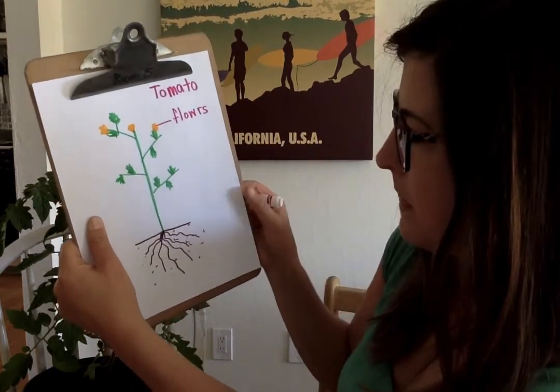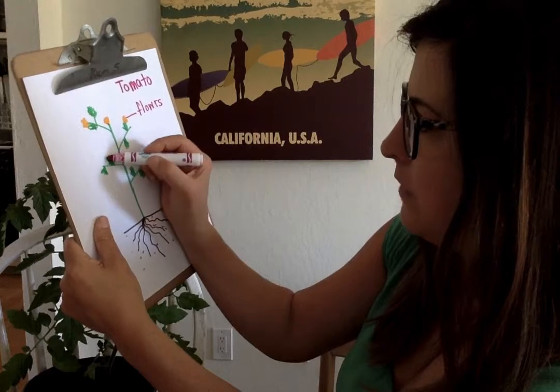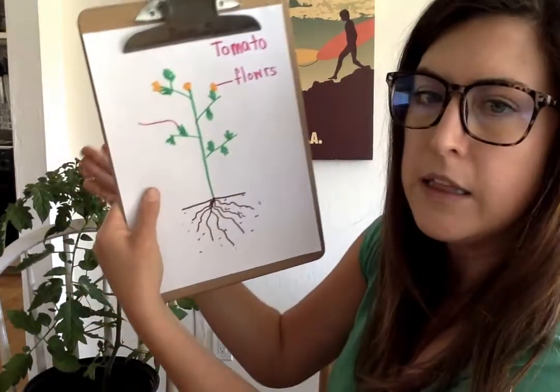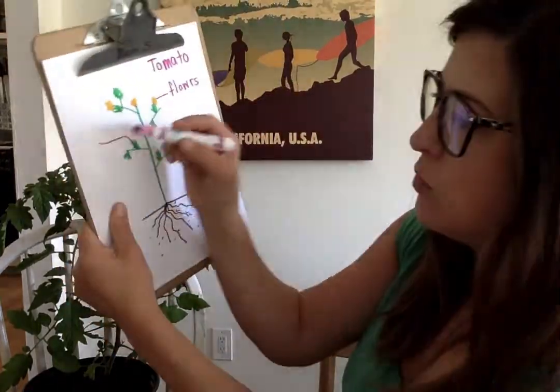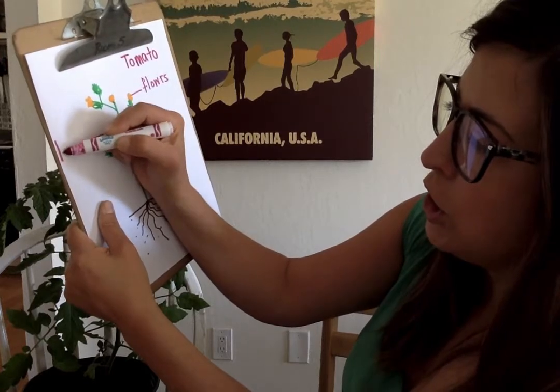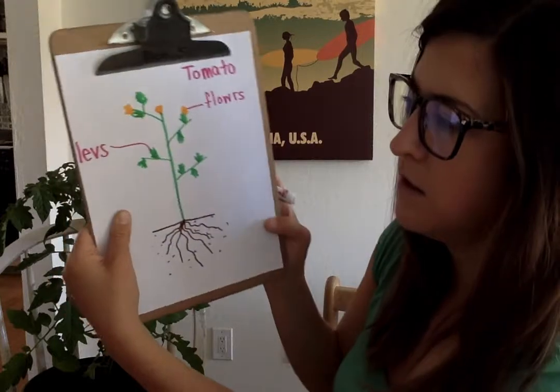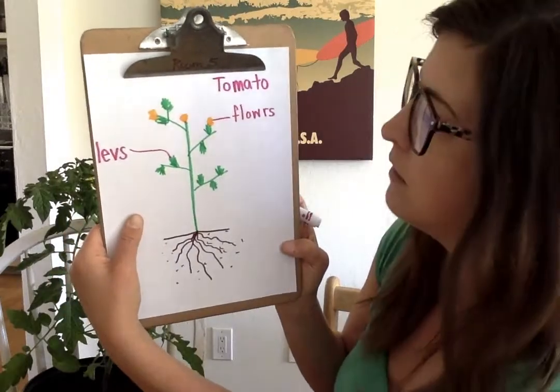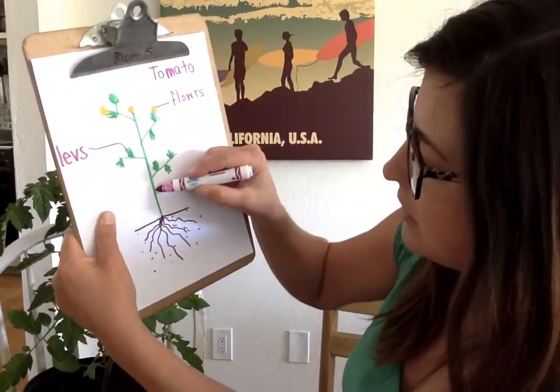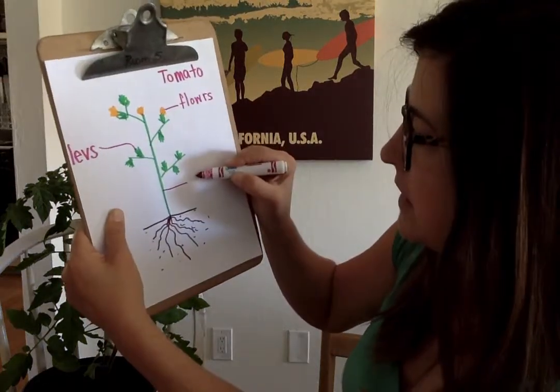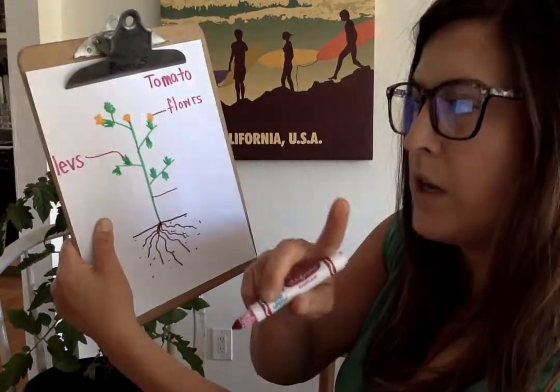Flowers. Let's see, I think I could put leaves over here. Leaves. Leaves is just one syllable. I've got flowers, I got leaves. I need to do stem. Stem. One syllable.